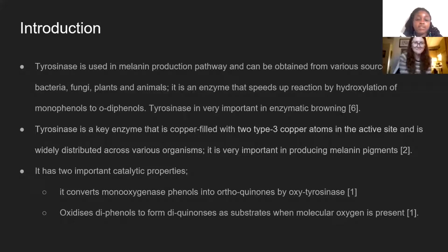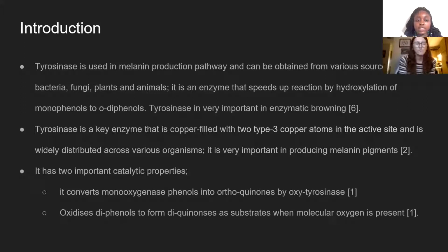Tyrosinase is a key enzyme that is copper-filled, with two type 3 copper atoms in the active site, and it is widely distributed across many organisms. It is very important in producing melanin pigments, also known as melanogenesis. It has two important catalytic properties.